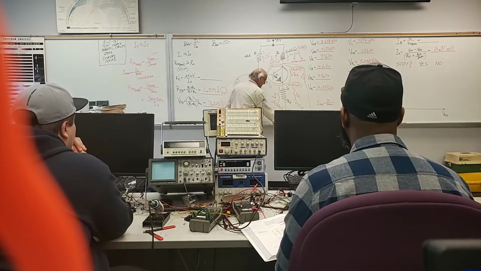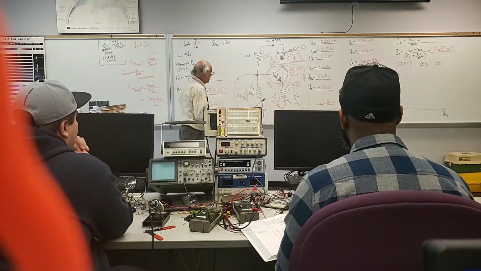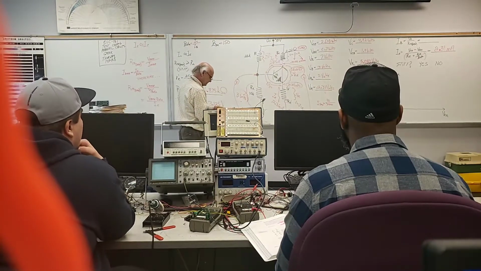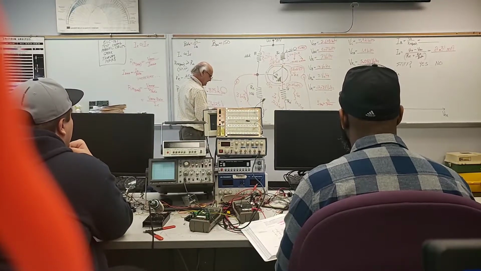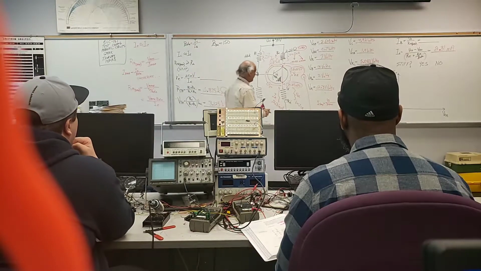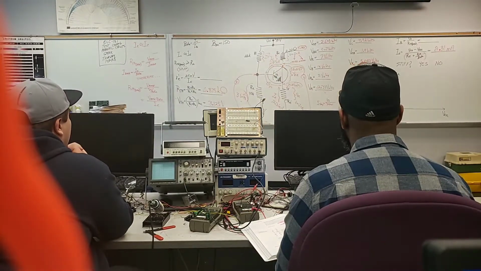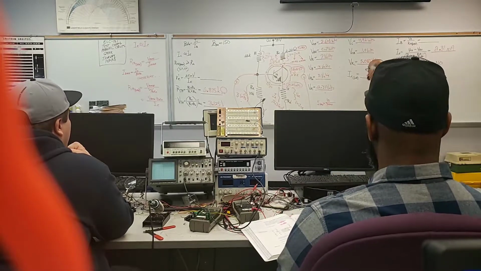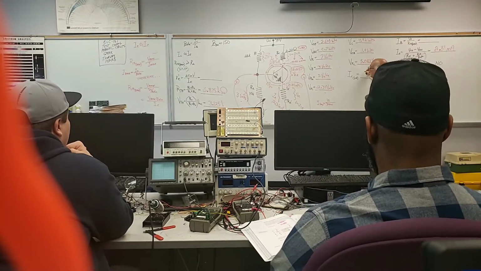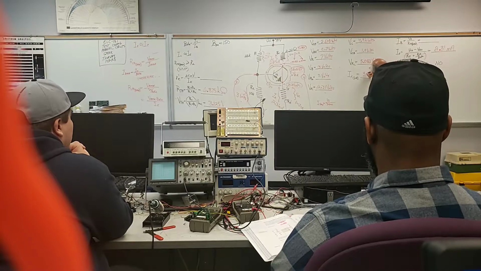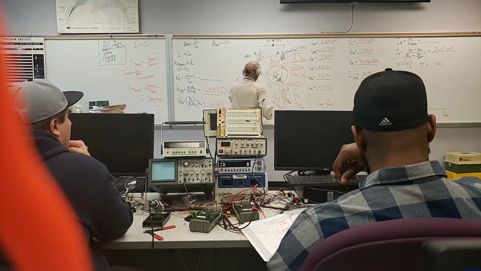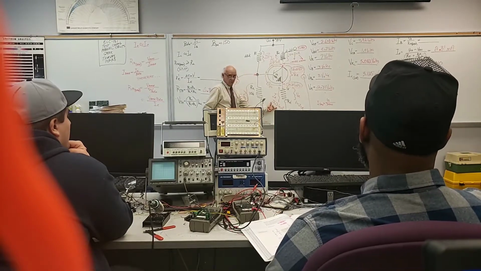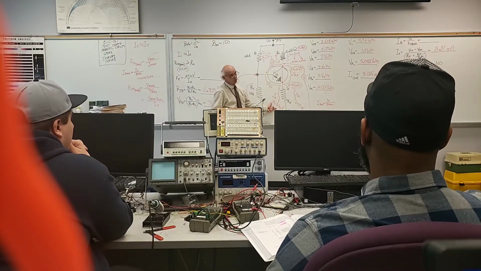Let me see. 10 divided by 3,200. And that's going to be 3 and 1/8, 3.125 milliamps. Now, we've got 2.31 milliamps going through it, so it's not fully turned on.